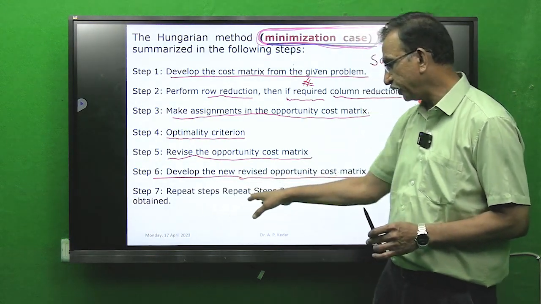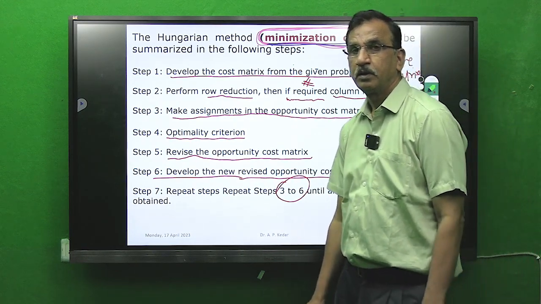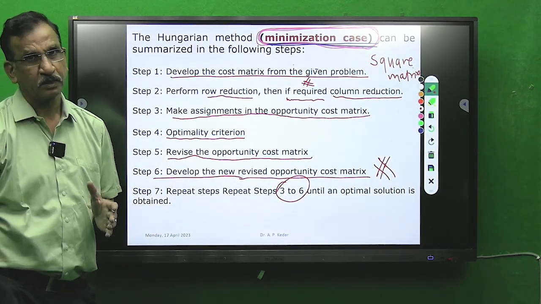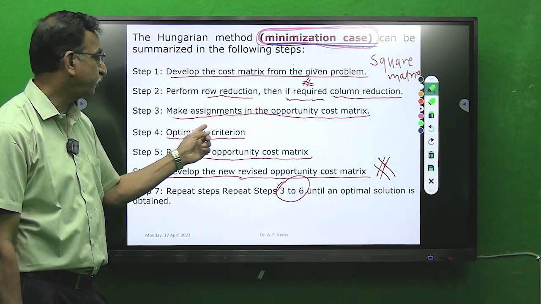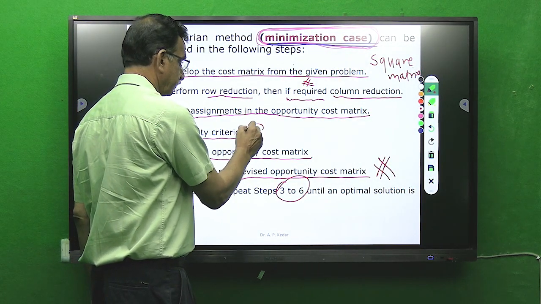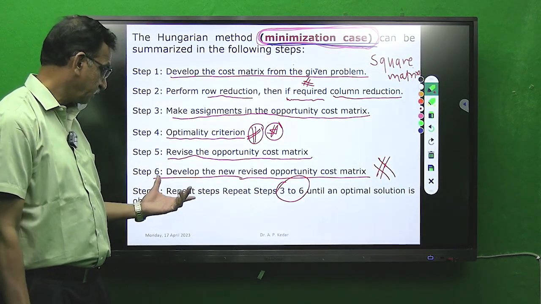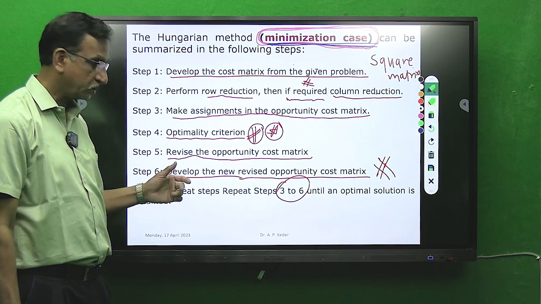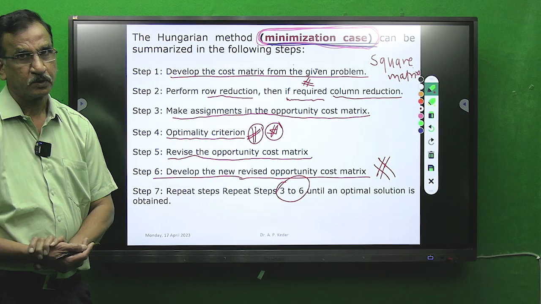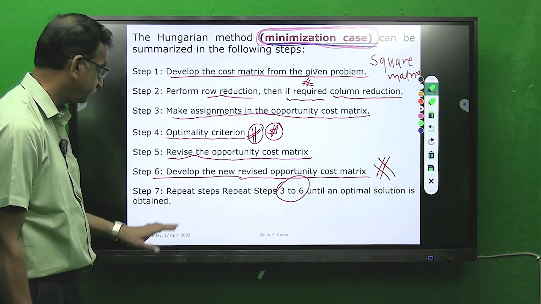And 7, repeat the steps from 3 to 6. So this is looping, from step number 3 to step number 6, till your optimality criteria is satisfied. These are the steps. Now we will see details of step number 5.